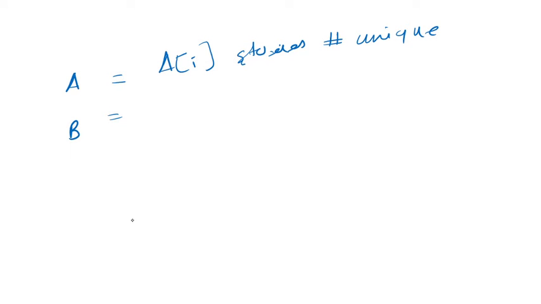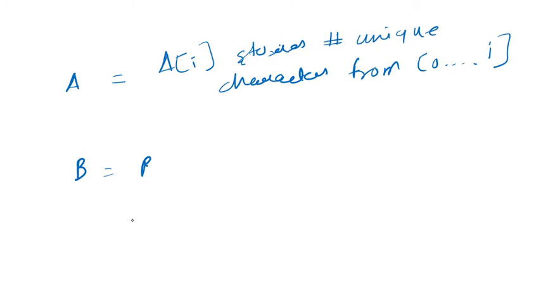Let us define an array A and array B, where A[i] stores the number of unique characters from 0 all the way up to i, right?